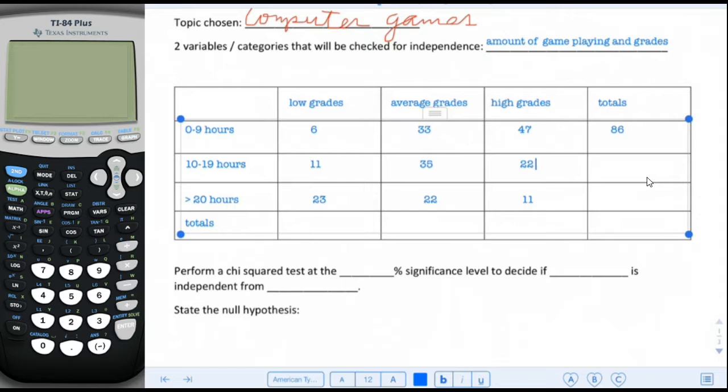The second row totals up to 68. Actually, for the first row, oh, I meant to do 57 here. So actually, this totals up to 96. Okay, so let's total up the next row. It's going to be 56.